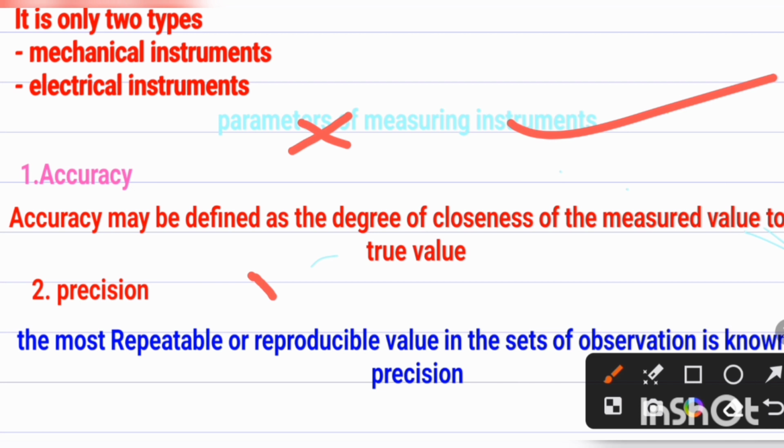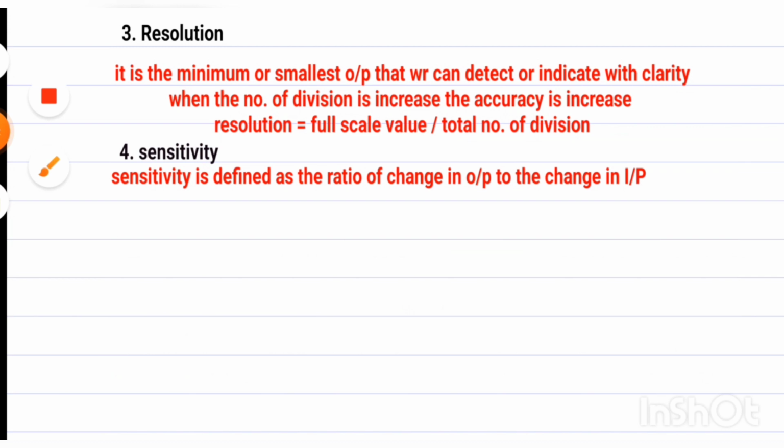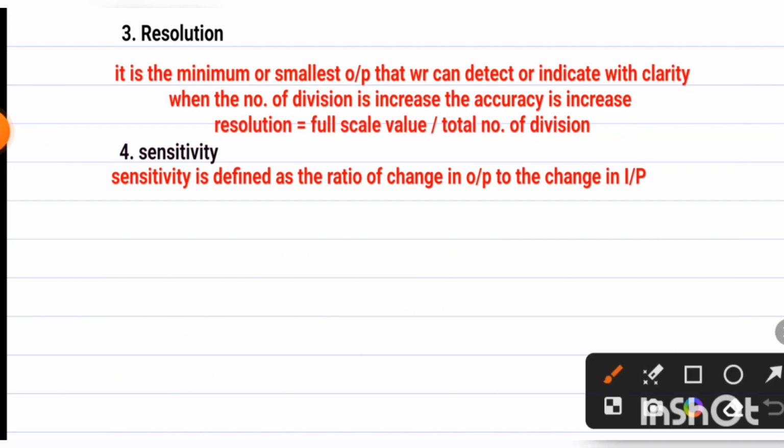Then the third one is resolution. What do we mean by resolution? It is the smallest output that we can detect with clarity.